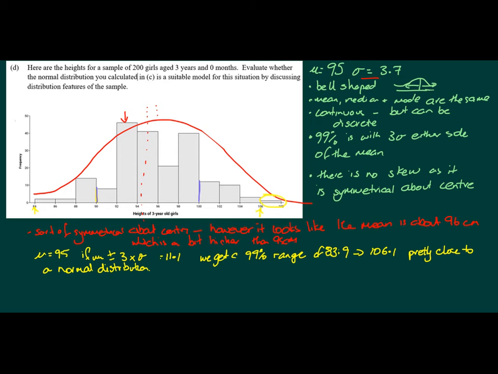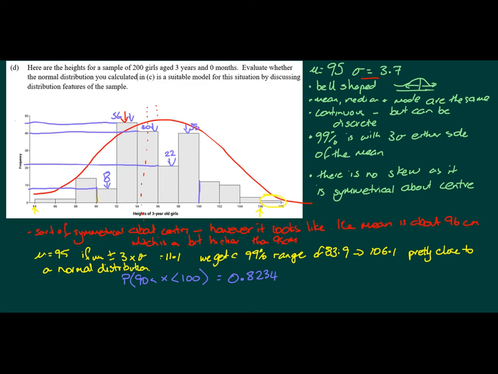If I did that on my calculator, worked out the probability of x being between 90 and 100 using the normal distribution with a mean of 95 and a standard deviation of 3.7, I get that equals 0.8234. Now I could compare that by counting up each of these values and working it out as a total between each category.